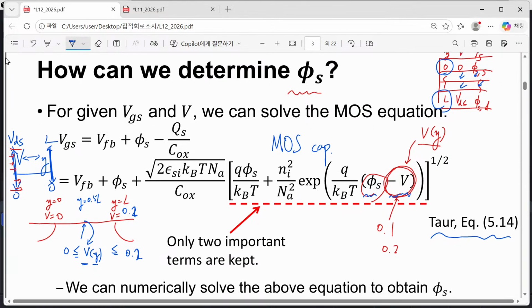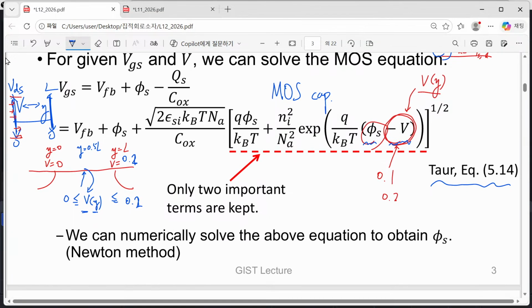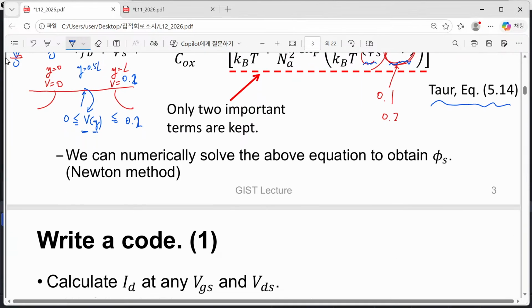That is quite straightforward. If you ask me whether it is really easy to calculate the relation between V and phi s, I have to say it is almost trivial, but not zero. At least we have to spend a little computation to calculate this quantity.